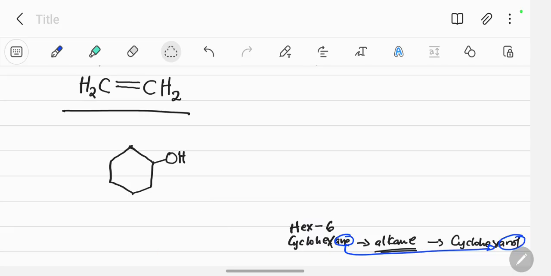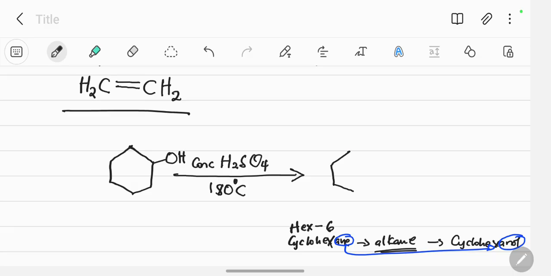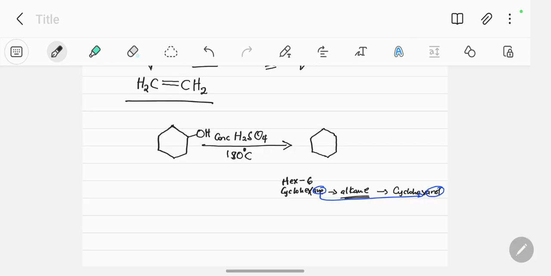So this is what you're going to do with this. I'm going to leave the mechanism for you people. What I want you to see is the reaction: concentrated sulfuric acid at 180, giving us that, plus water.